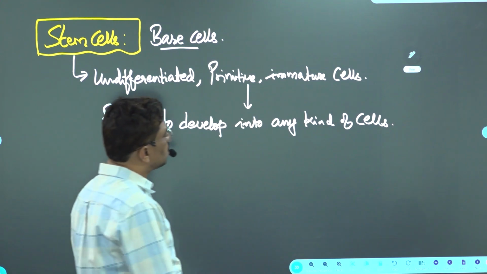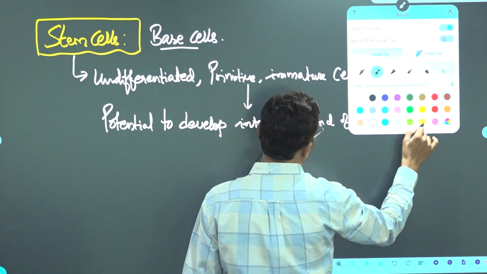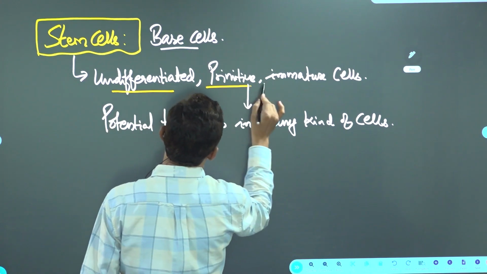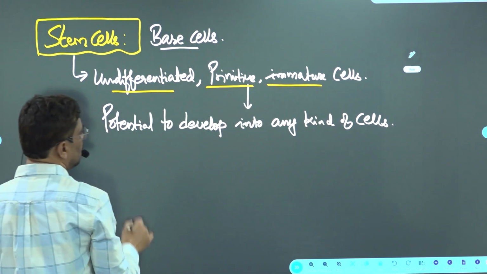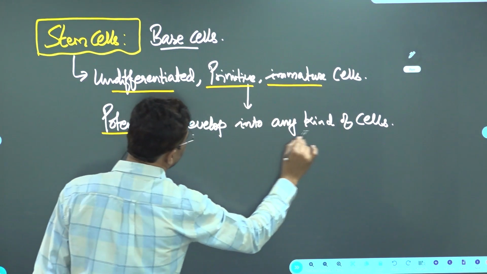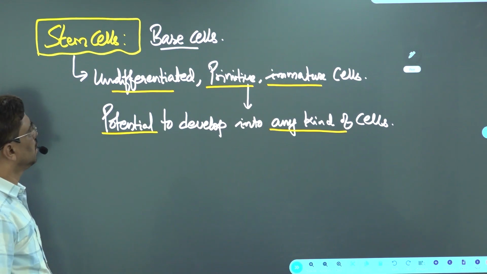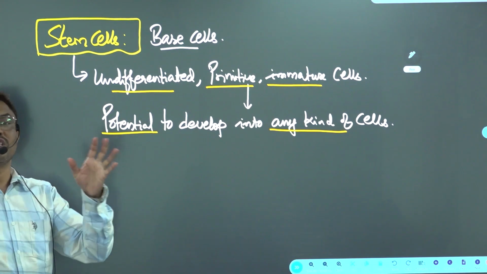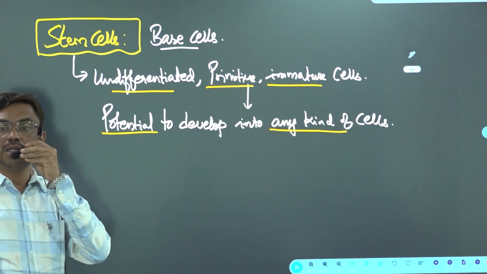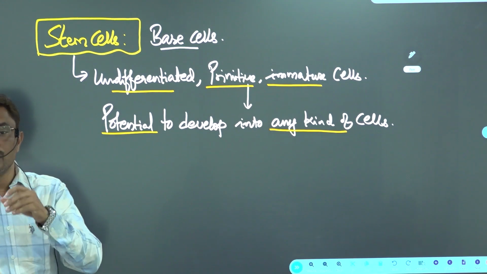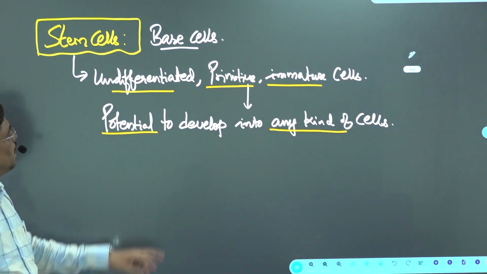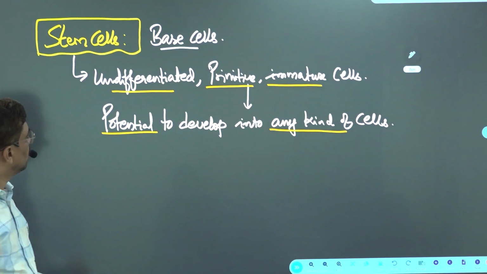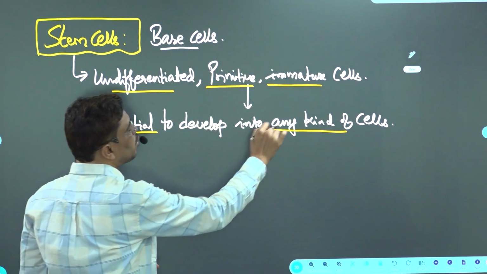So undifferentiated means unspecified, not specified. Primitive, immature, not completely mature, with the potential to develop into any kind of cell.